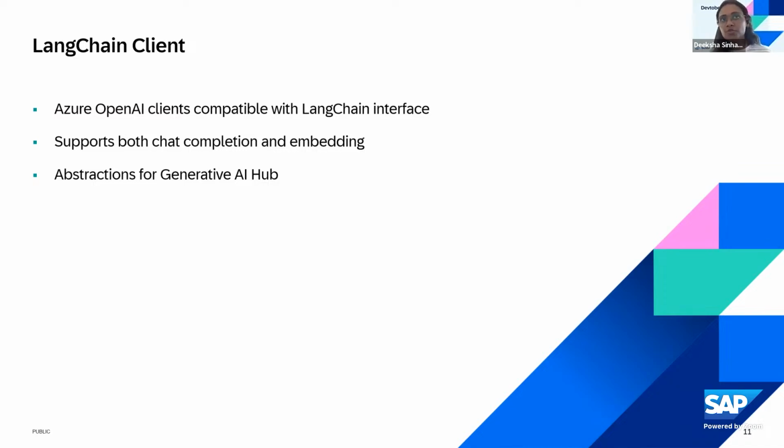It supports both chat completion and embedding. And of course, it is also compatible with Generative AI Hub, but all of those features are abstracted, so you don't have to worry about integrating separately with getting the models or anything else.